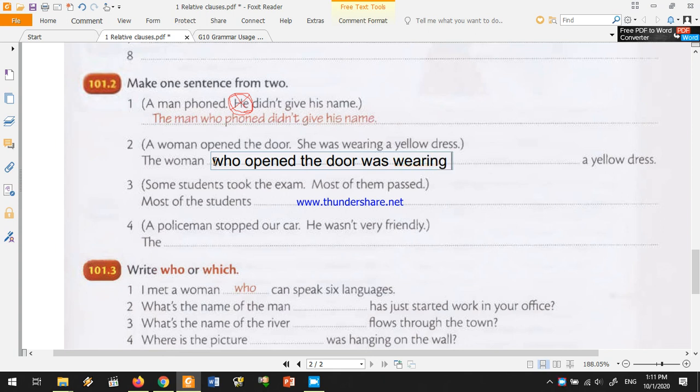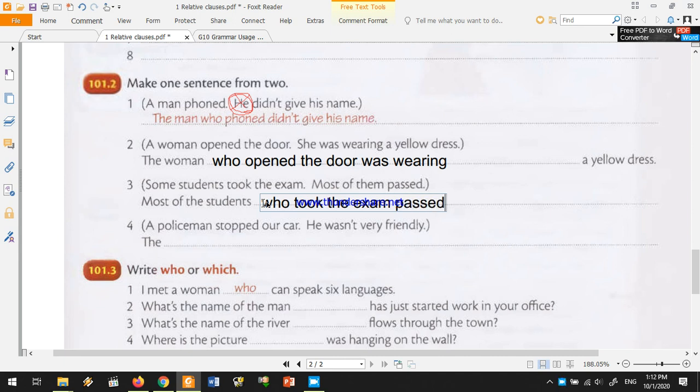Number three, some students took the exam. Most of them passed. We would say most of the students who took the exam passed.